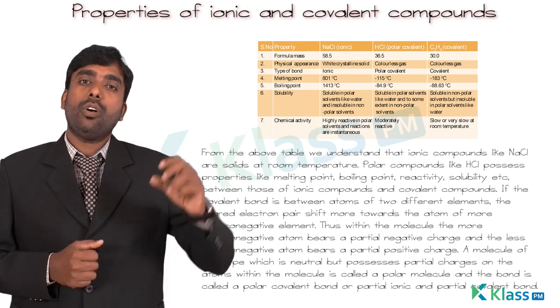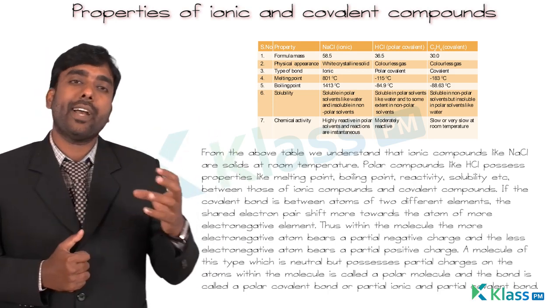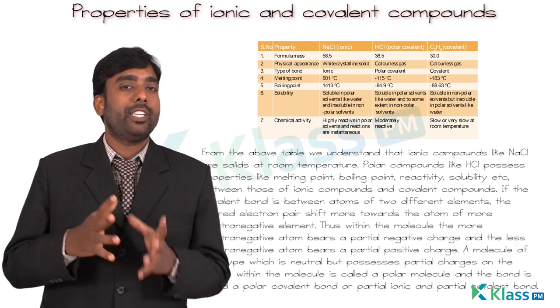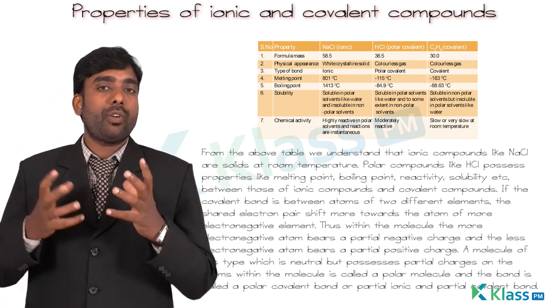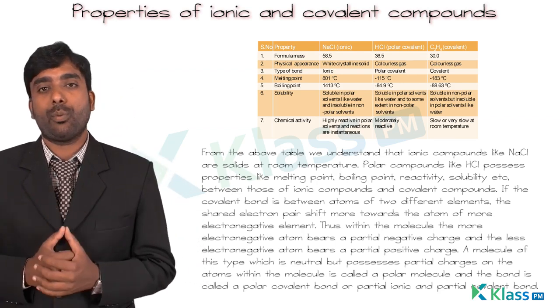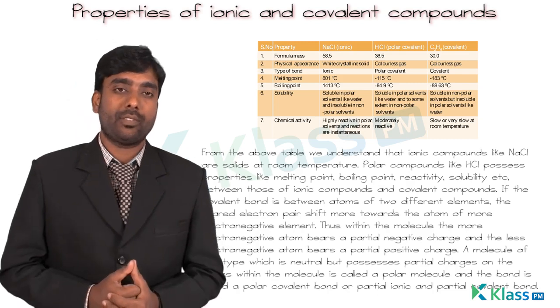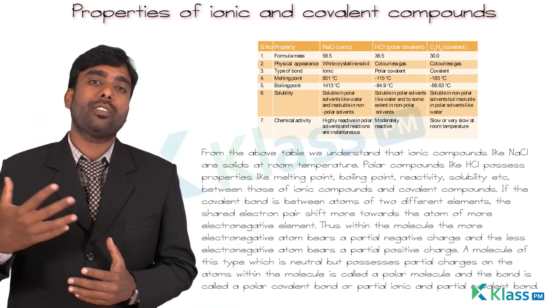Polar solutes dissolve in polar solvents. Since ionic compounds produce ions, they dissolve in solvents which produce ions. Which solvents produce ions? Only polar solvents. That's why ionic compounds are soluble only in polar solvents.